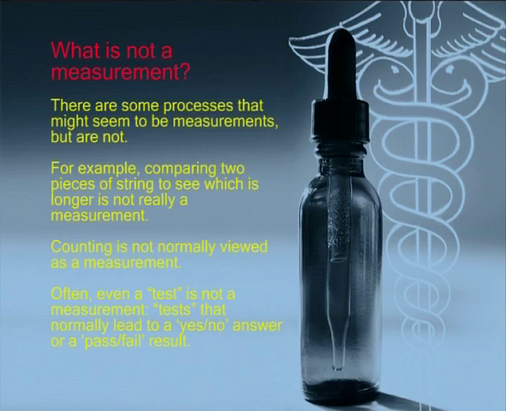Of course, if you're using an instrument like a particle counter, then it certainly is a measurement. Often, even a test is not a measurement. Those so-called checks or tests that normally lead to a yes-no answer or a pass-fail result do not constitute measurement.